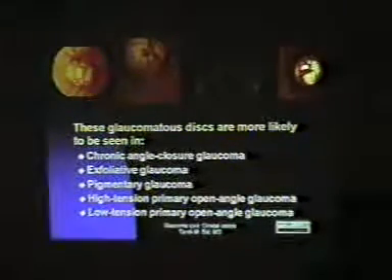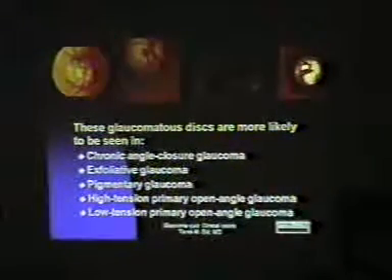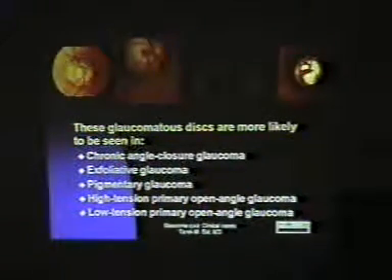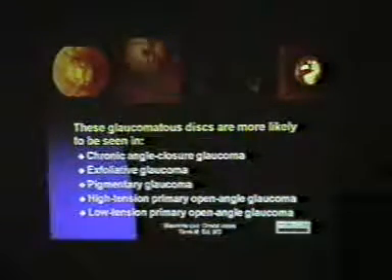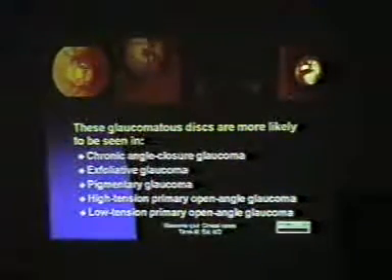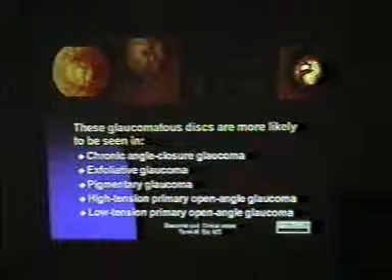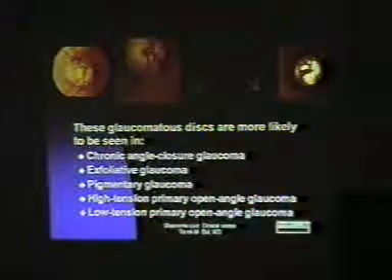This is zone beta and this is zone alpha. And this actually is called a senile sclerotic disc. This disc usually has a pale disc. It's not deeply cupped, it's just a shallow cup, with characteristic peripapillary atrophy all around.